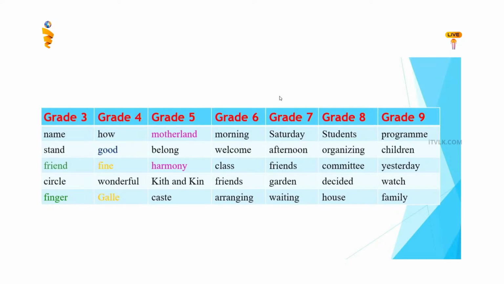From grade 4, how, good, fine, wonderful, and gall. From grade 5, motherland, belong, harmony, kith and kin, and caste.